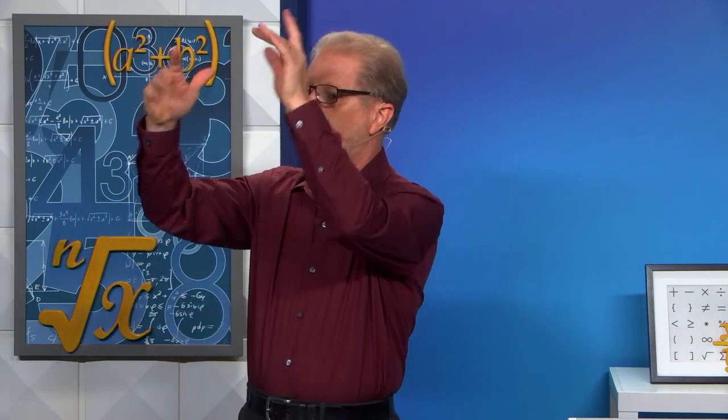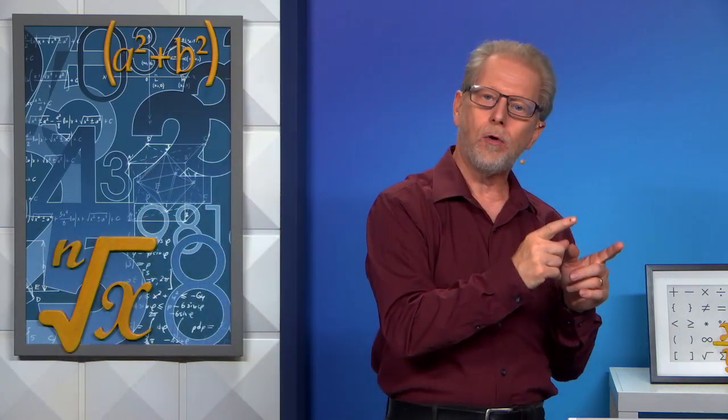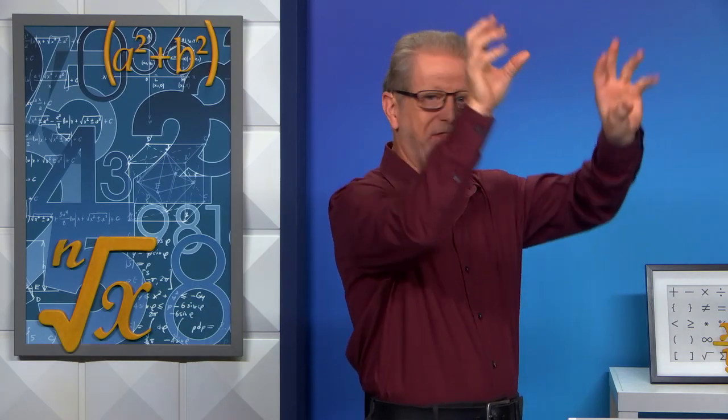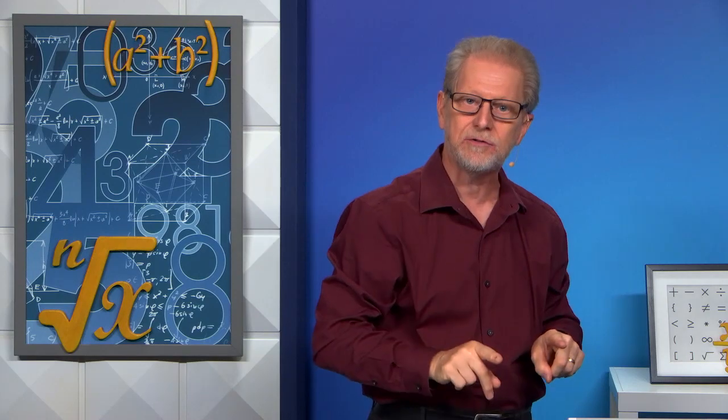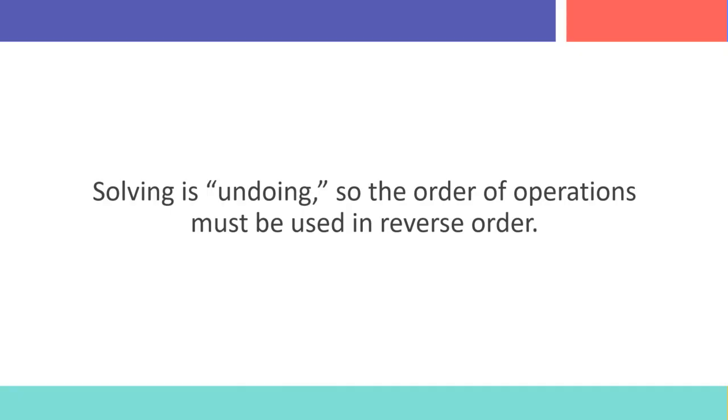So we're undoing. Now remember, what we did in chapter 1 was all numerical. And so we went through and we followed an order of operation. Now we're doing equations that have things already done that we have to undo to get to that answer. So this is very important. Solving is undoing.